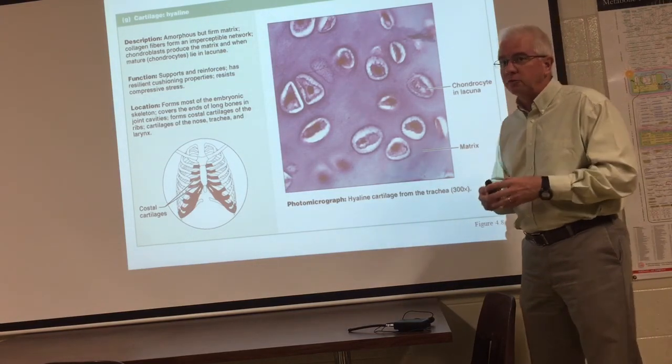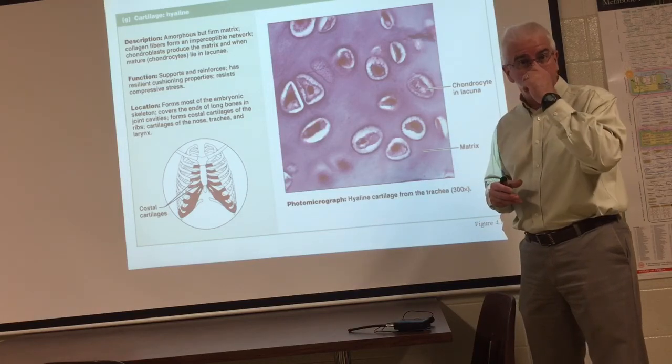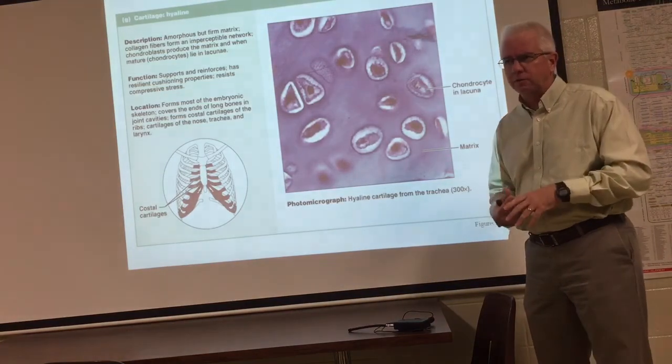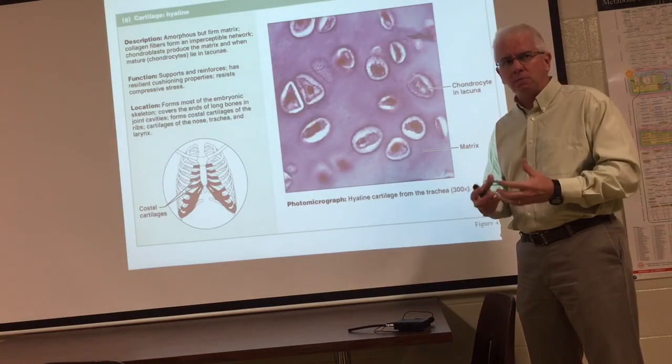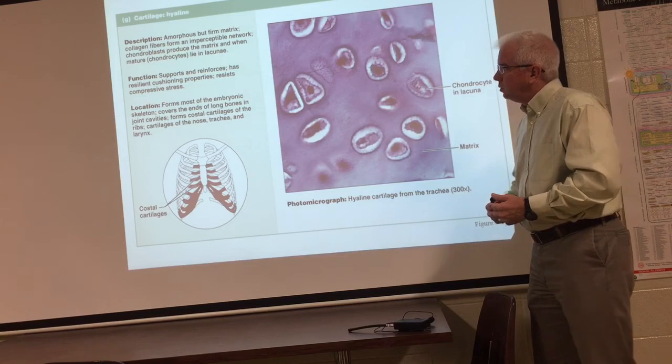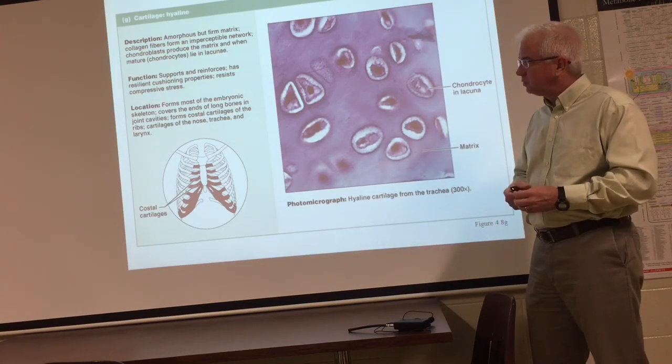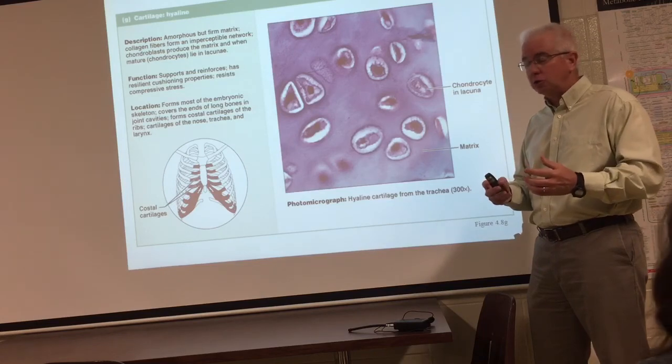And all of those bones are made from hyaline cartilage models. So even the small bones in your wrists and ankles, the carpals and the tarsals, are made from hyaline cartilage models. And so this says that hyaline cartilage forms most of the embryonic skeleton, and that's true.